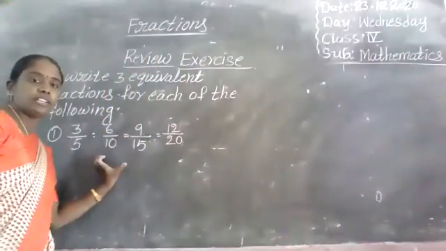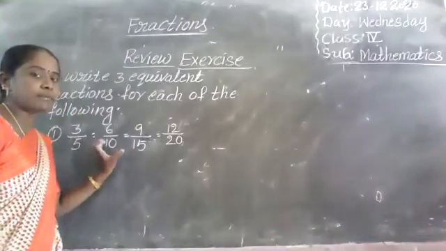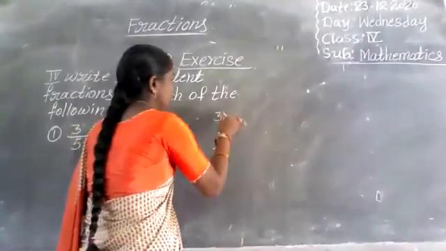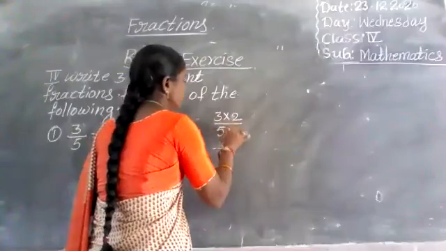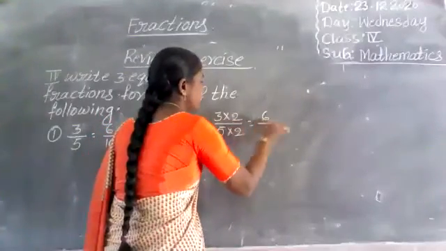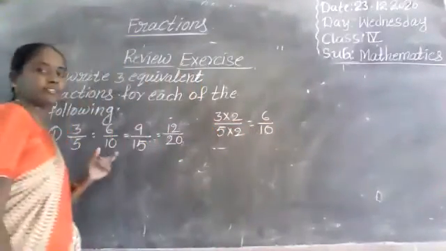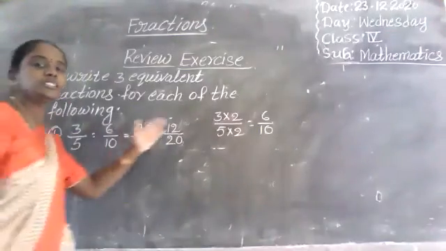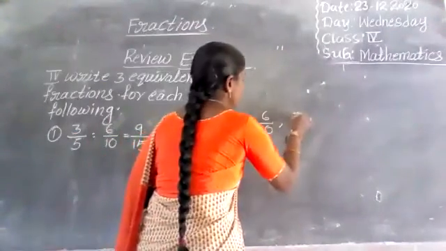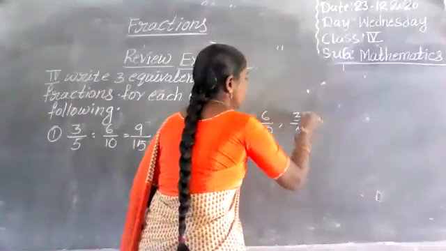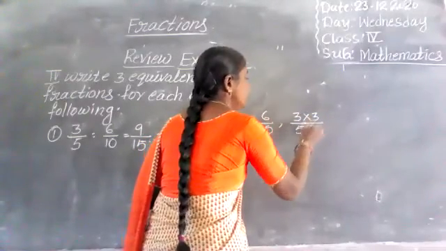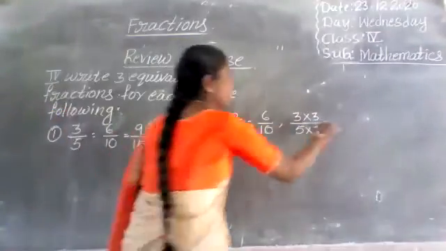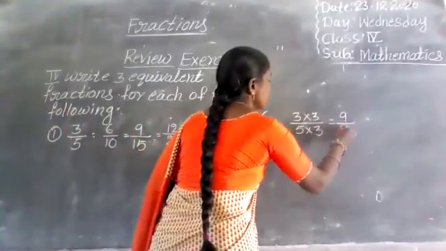How to find an equivalent fraction? We just have to multiply by the same number in numerator and denominator. Same like this: 3 into 2, 5 into 2, then we will get 6 by 10. This is an equivalent fraction of this fraction. Next, take the 3 by 5 fraction again and multiply by 3 in numerator and denominator. 3 threes are 9, 5 threes are 15.